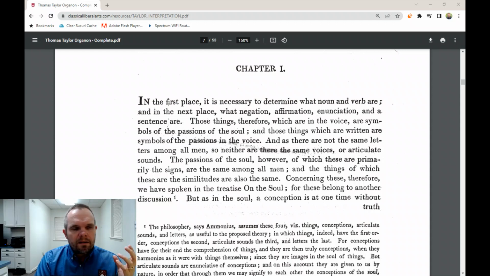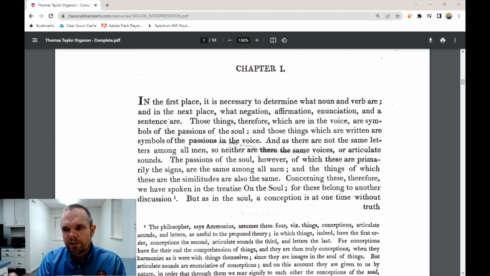Even in the Classical Liberal Arts Academy, in our elementary grammar course, we teach this to young children. We teach them that spoken words are signs of ideas. So this is a very simple concept, but a very important concept. Those things which are in the voice are symbols or signs of the passions of the soul or conceptions. This will become clearer as he goes on.